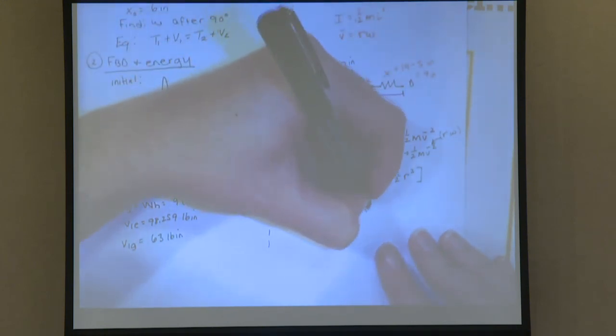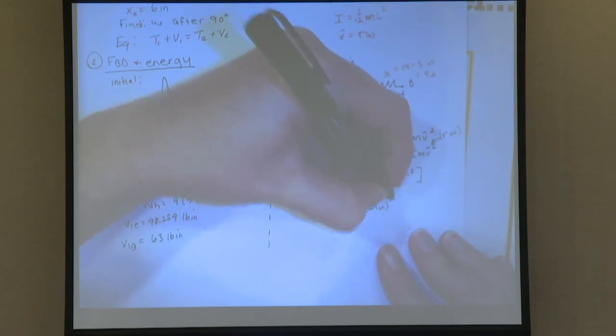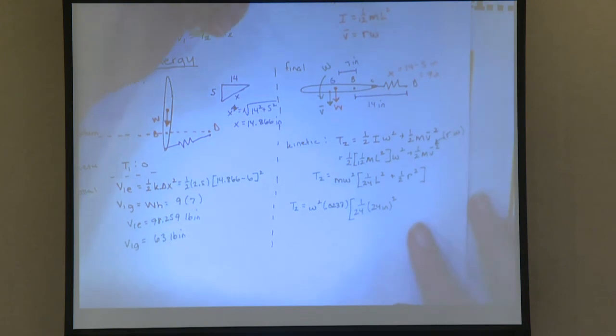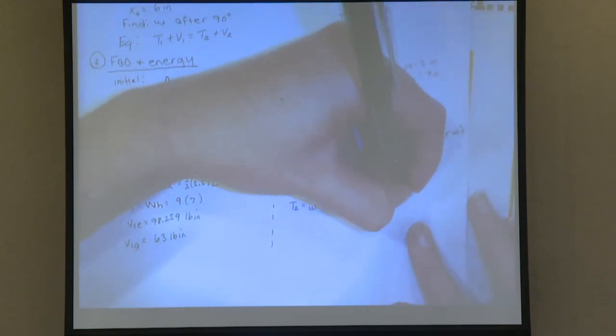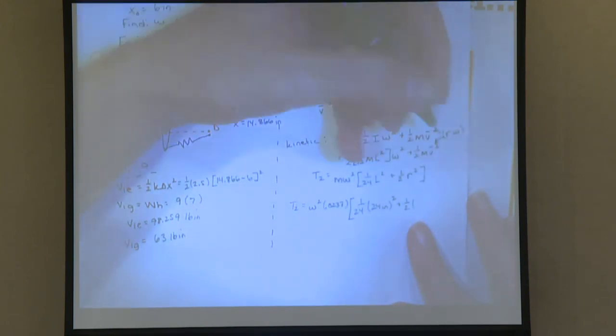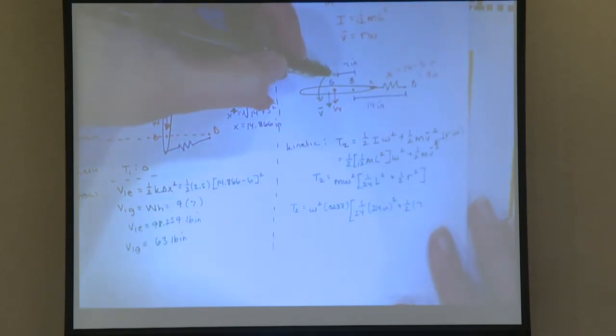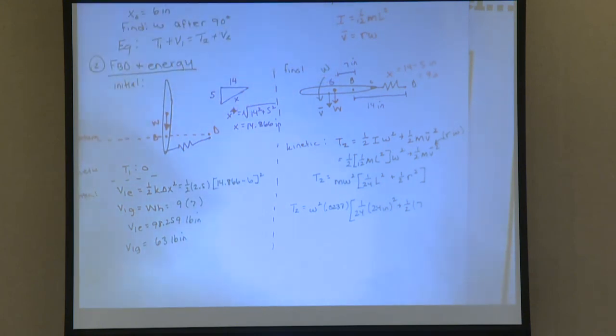Our length is 24 inches. Keep in mind that I solved everything in terms of inches. You could also do it in feet. And then 1/2 times, so this is this distance here. It's the distance from the center where we're applying all the rotations to the point where it's actually rotating.